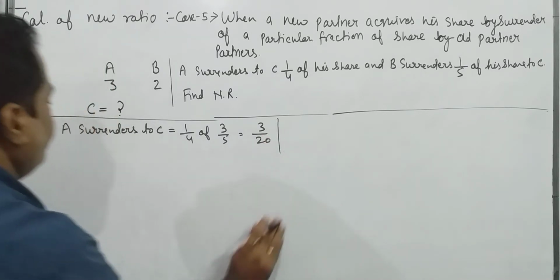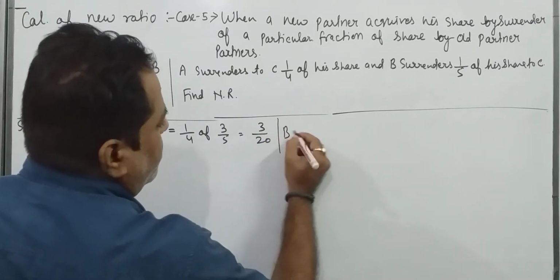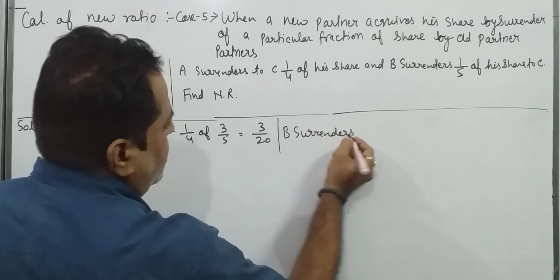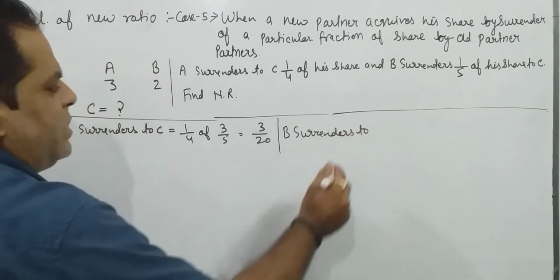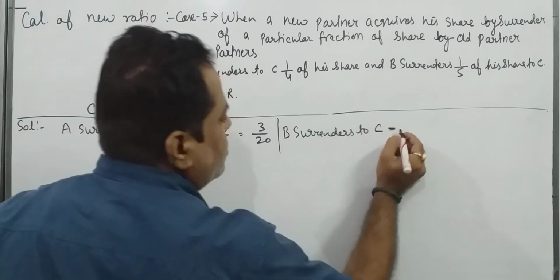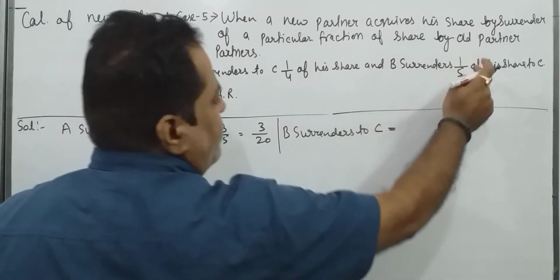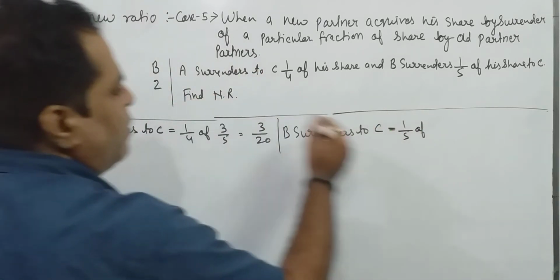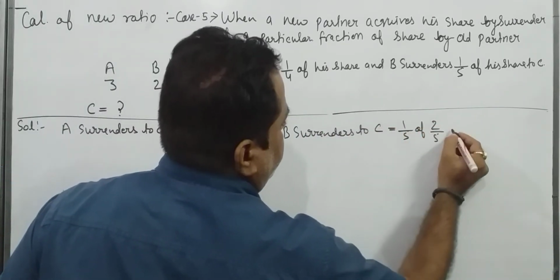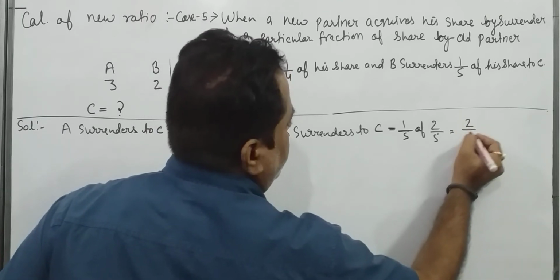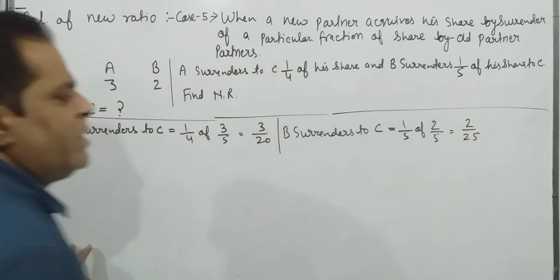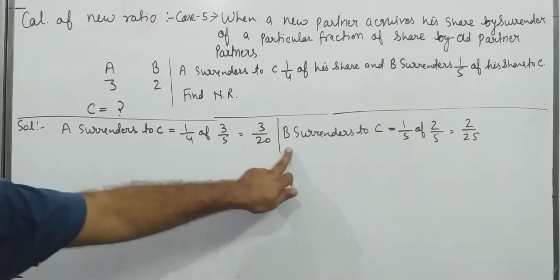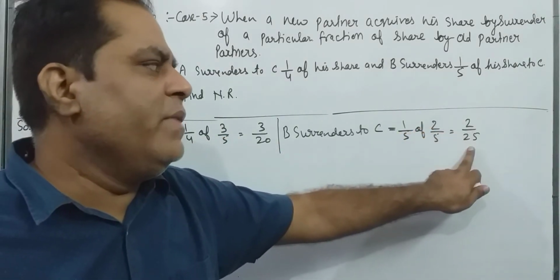Same way, B surrenders to C 1/5 of his share, 2/5 means 2/25. Okay. Now A is sacrificing to C 3/20, B is sacrificing 2/25 to C.